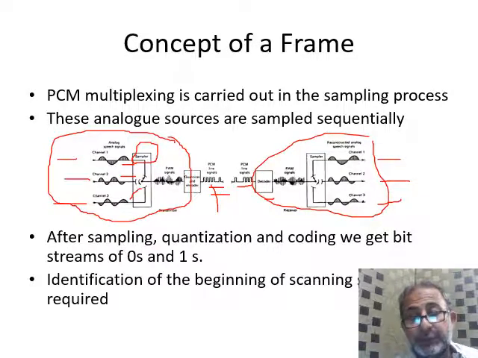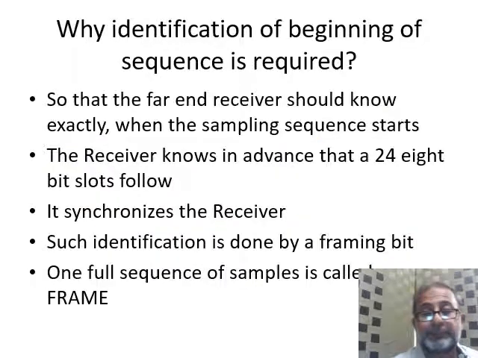After sampling, quantization and coding, we have a bit stream of ones and zeros as given here. Identification of the beginning of scanning is basically required. So we need to have some framing bit which identifies that now this particular signal is being sampled. And how do we do that?